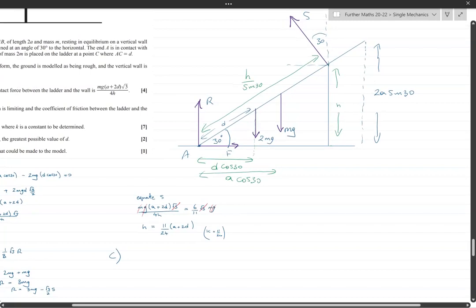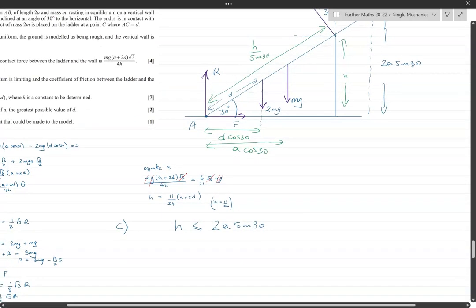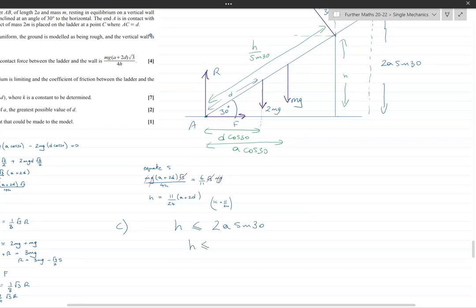So that's the constraint we're going to use. A bit of ingenuity needed there. So we have h is less than or equal to 2a sine 30. And since sine 30 is a half, h is less than or equal to a.